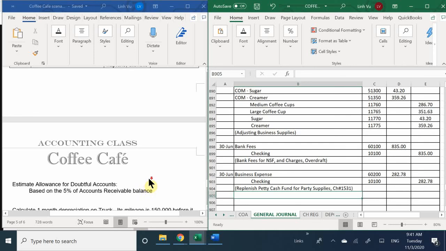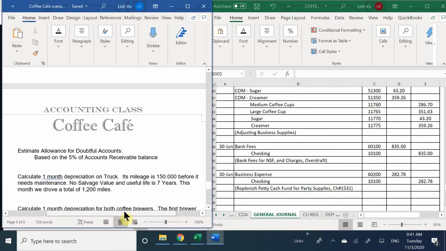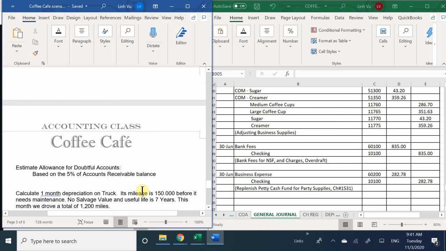Okay. So here, what happened here? We estimated the allowance for doubtful accounts based on 5% of the accounts receivable balance.